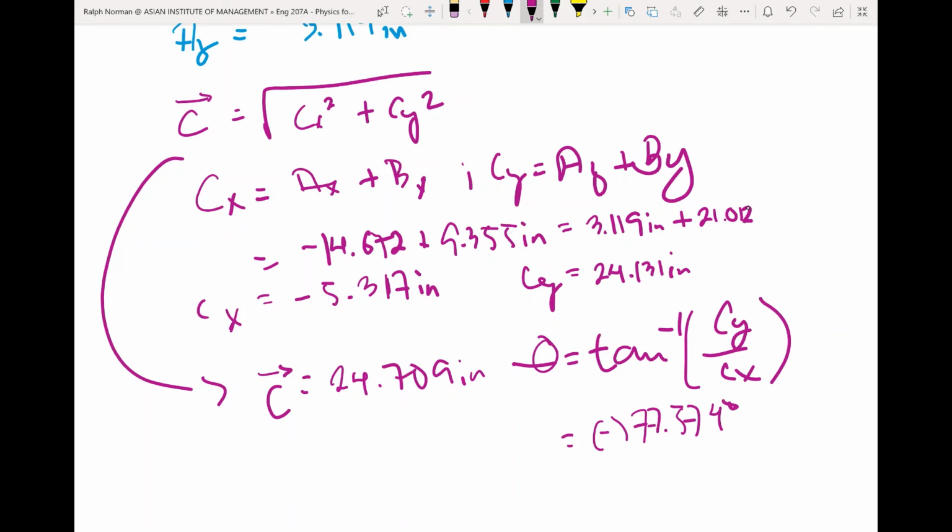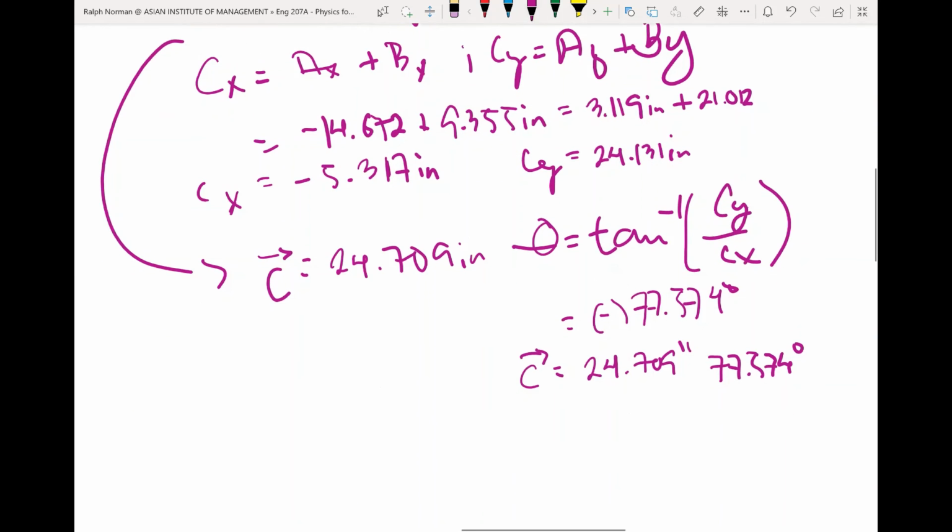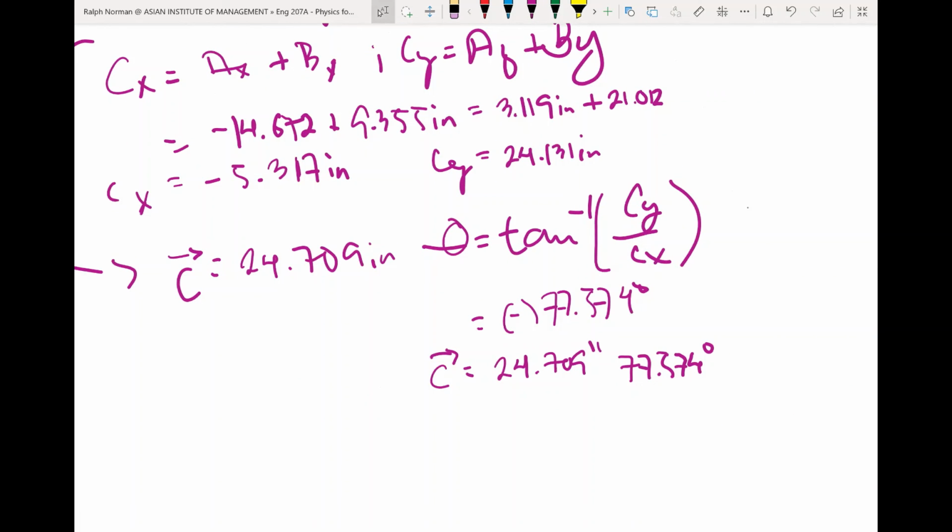Okay. And again, it's just direction lang naman. We know it's just there. So that will be, para makompleto yun, 24.709 inches, 77.574 degrees north of west.